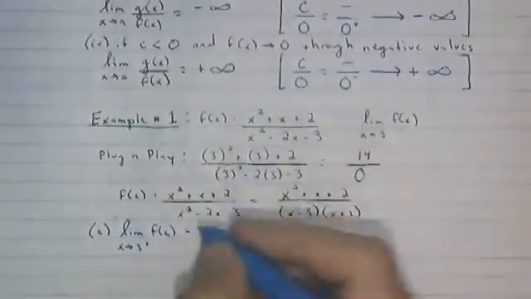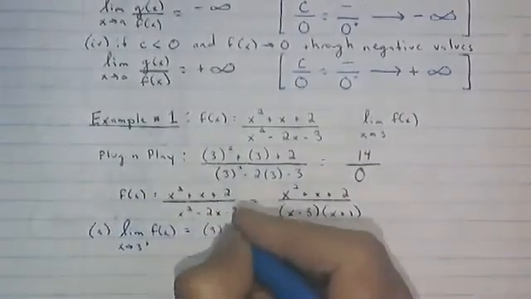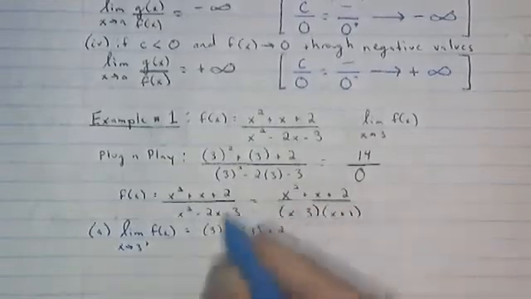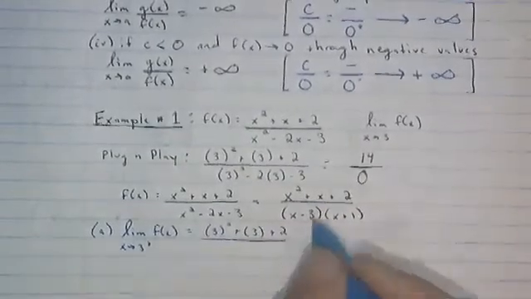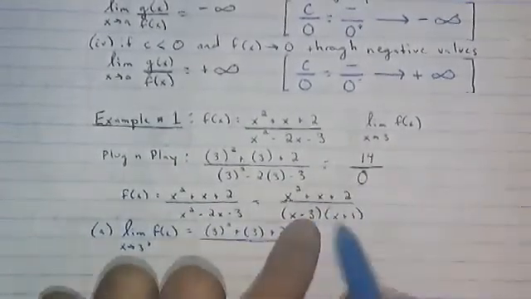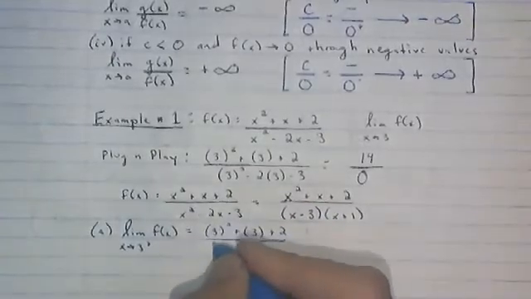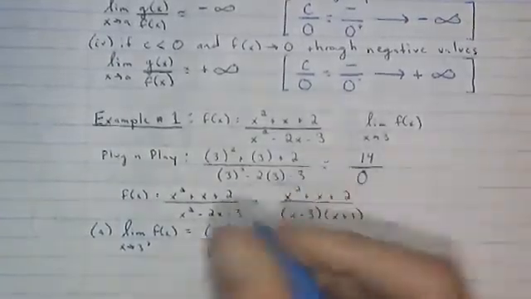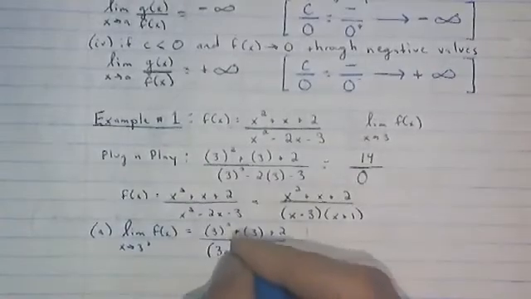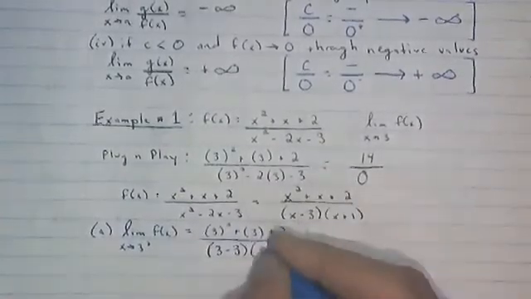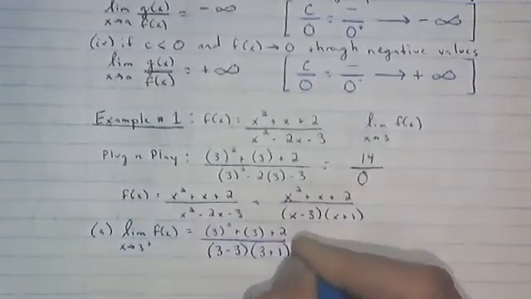So we plug and play. We do 3 squared plus 3 plus 2. And I want to use this form of what we're doing because I think that makes more clear why we get to where we get. There's going to be 3 minus 3 times 3 plus 1.